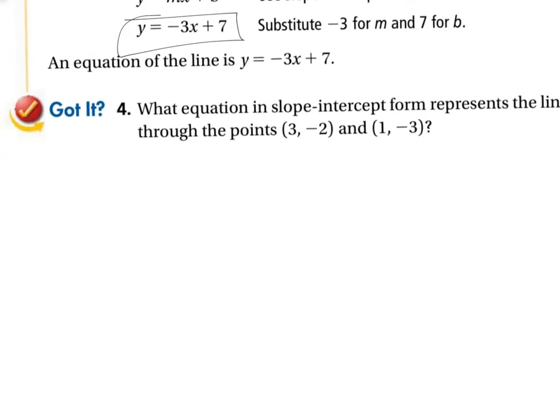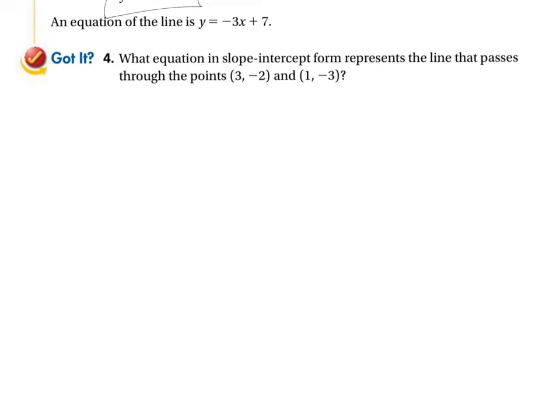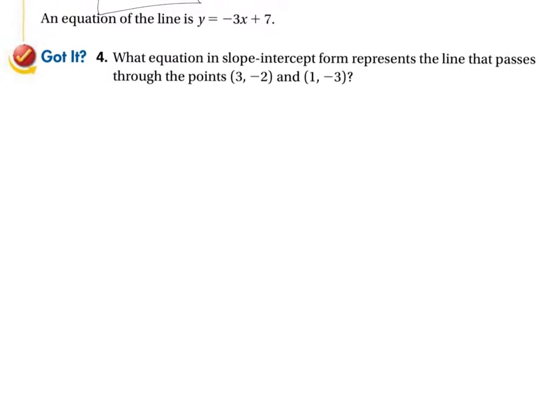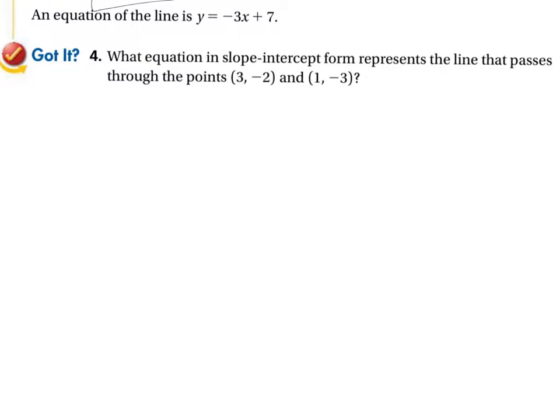So if we look at the guide at 4, we want an equation of the line that passes through these 2 points. Like we said, our first step is to find our slope: 2 minus -3 over 3 minus 1.